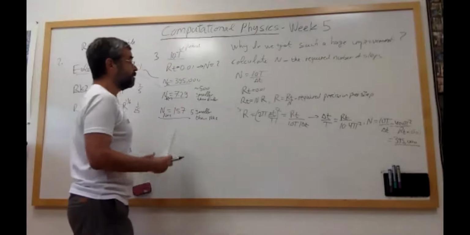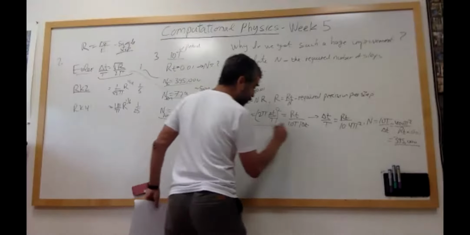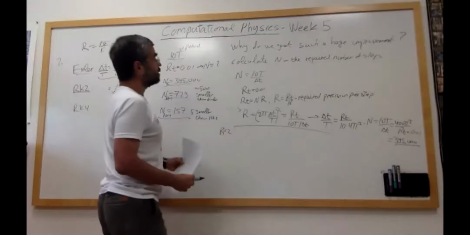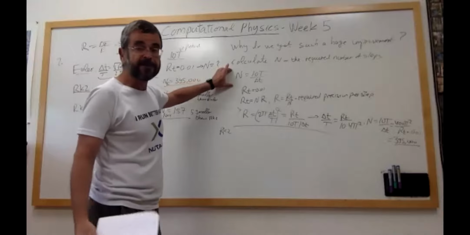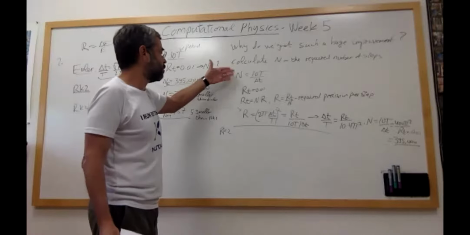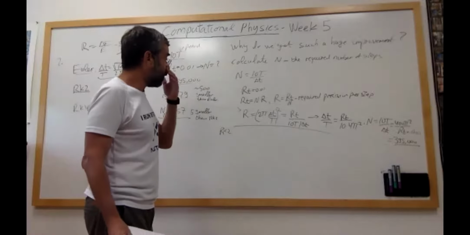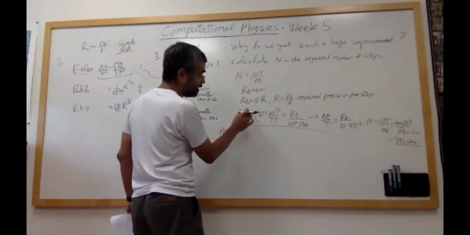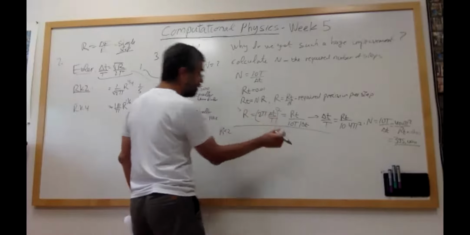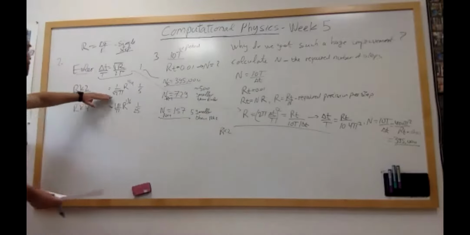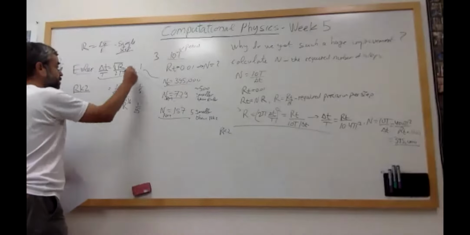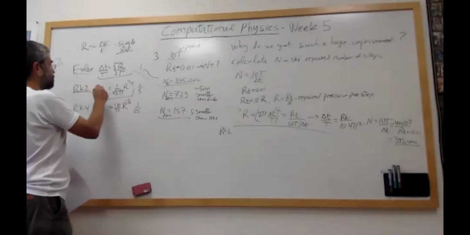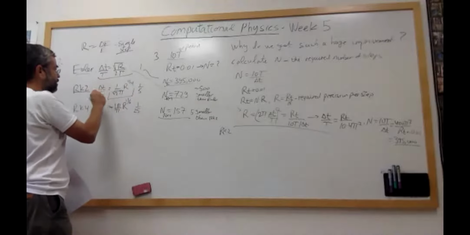Now let's see what we get for RK2. So this is the same derivation, same expression. What is different now is that the relation between the precision and the time step is different, because we now use this expression, delta t over t.